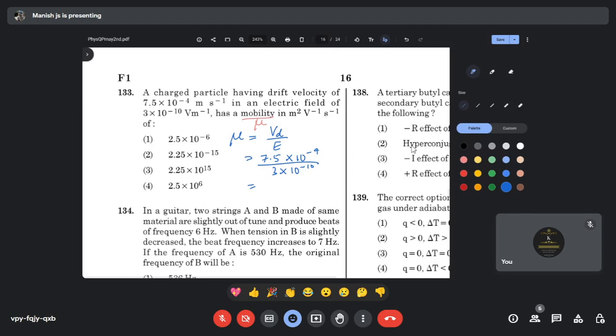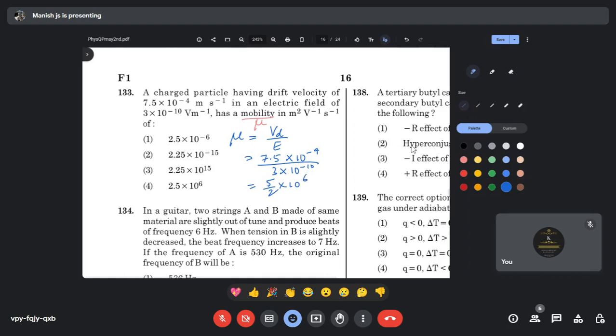7.5 upon 3, how much does it give you? Option 1, sir, 5 upon 2 into 10 to the power of 10 minus 4 is 6.